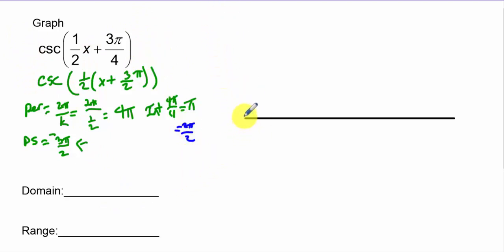I start at negative 3 pi over 2. And I add 2 pi over 2 to that until I get to a total period of 4 pi. So add 2 to that, and I get negative pi over 2. 2 to that, and I get pi over 2. 2 to that, and I get 3 pi over 2.